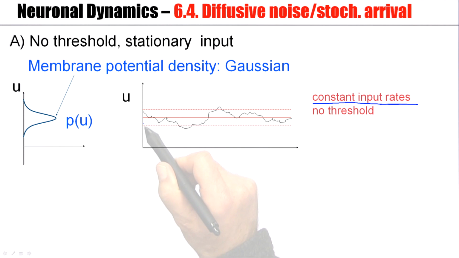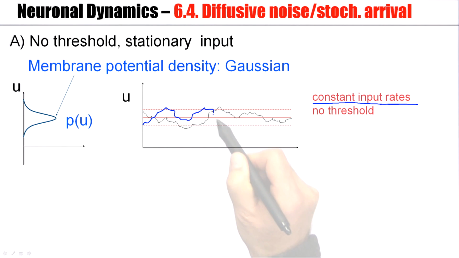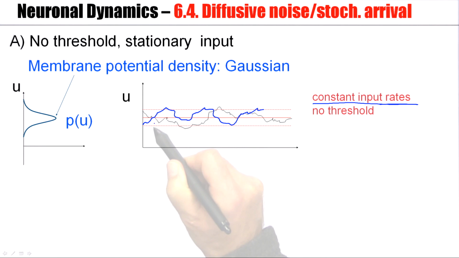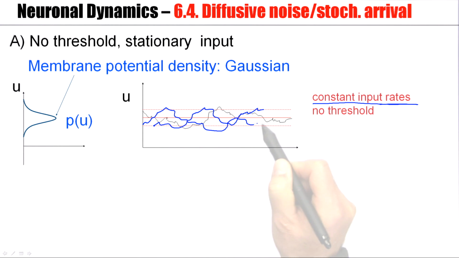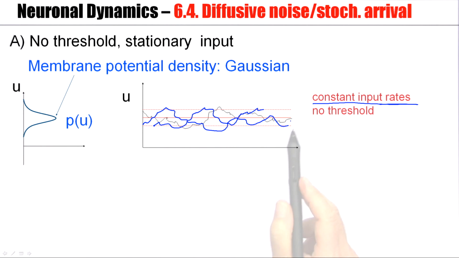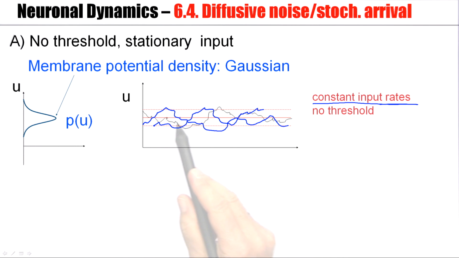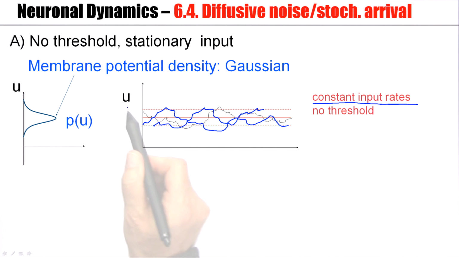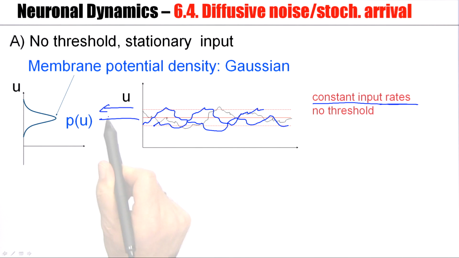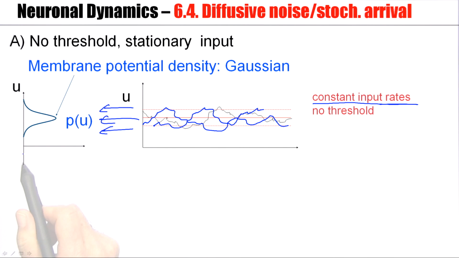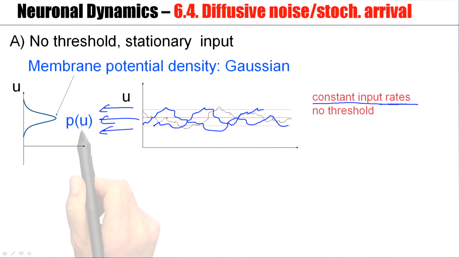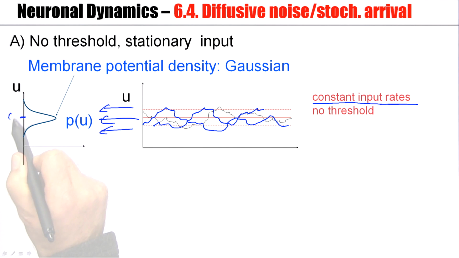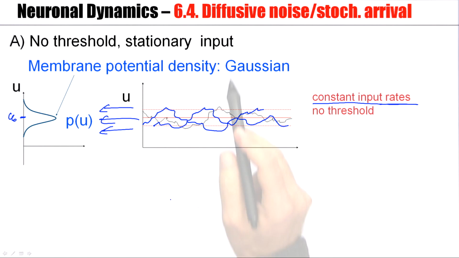Then I have a distribution of membrane potentials. And in each trial, it's a slightly different trajectory. But if I project the trajectory out onto the vertical voltage axis, I find a distribution, and this mean value, u0, is constant because the input is stationary.